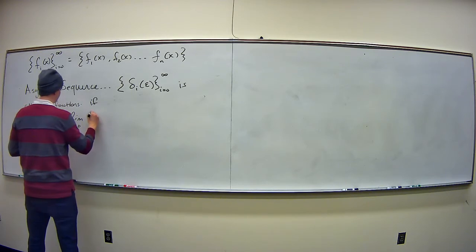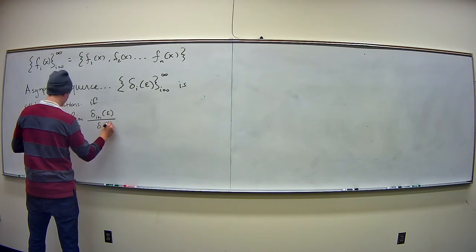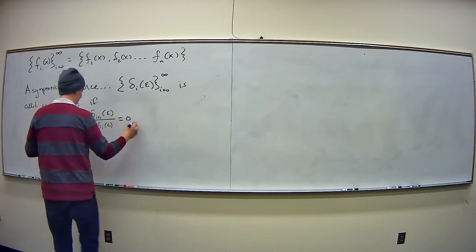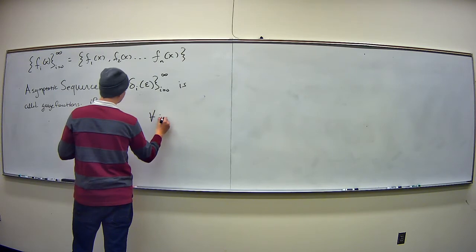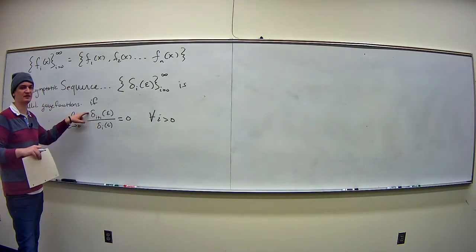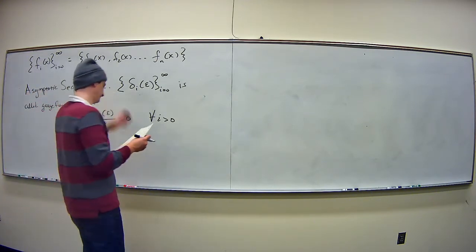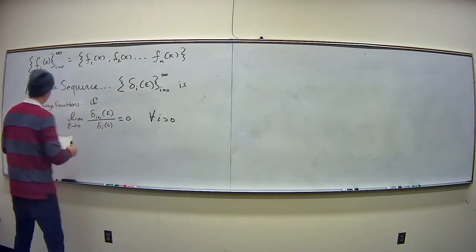Two ways to think of this. Right. The next one, right. The next one goes to 0 faster than this one. Or really just the other way, right?